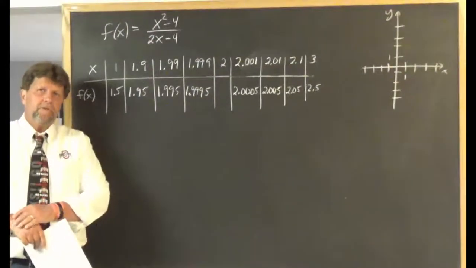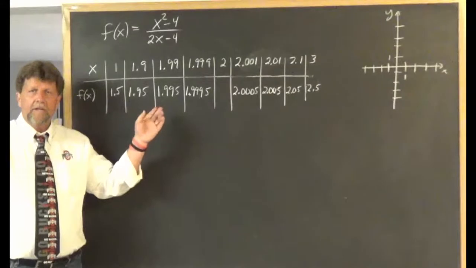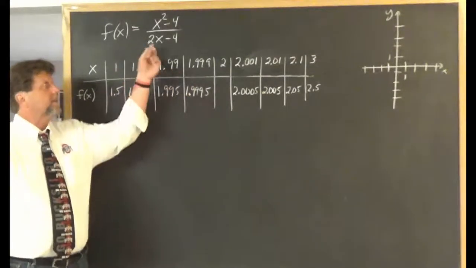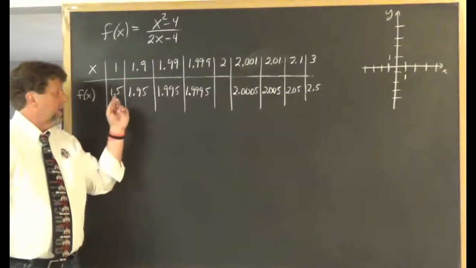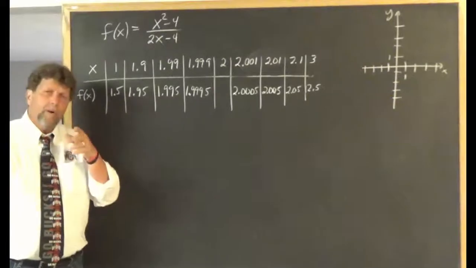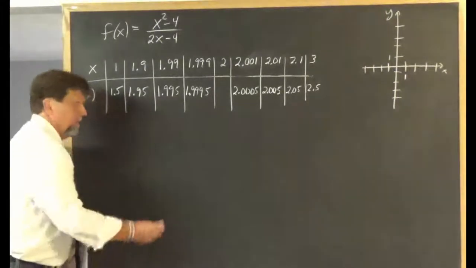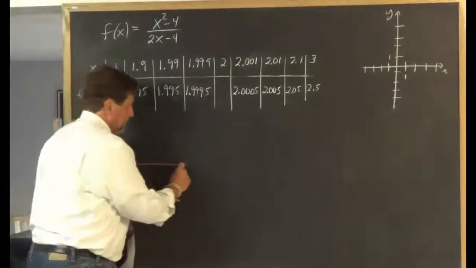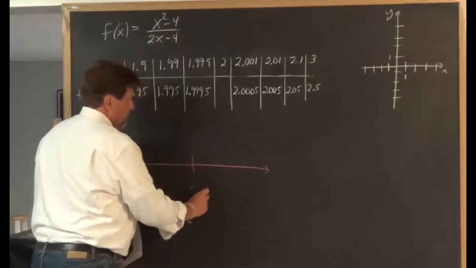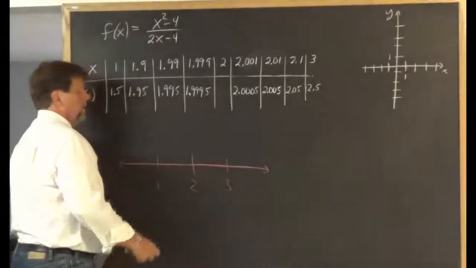All right, folks, on this first example, I went ahead and filled in the numbers that we just saw on the calculator, when I used my calculator to put these values of x into the function. Those numbers you've already seen. But I wanted to introduce some notation. Let me draw a real number line here. And here's 2, 3, 1.